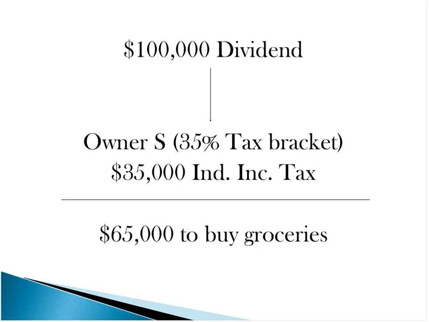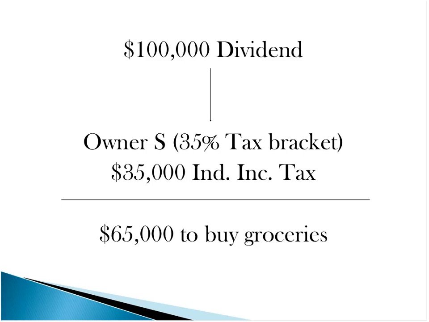All right, let me back up a little bit here. Michael was asking why I'm assuming a 35% tax bracket. Well, I have to assume a fixed tax bracket in order to present these examples in a fairly simple method.